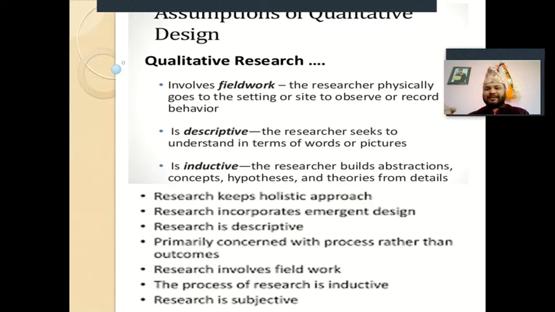Whatever information is collected, they induct some new knowledge from there, right? So these are the assumptions or prerequisites. This has to be done whenever we go for qualitative research. Field work is a must. Research gives a holistic approach. Research incorporates emergent design. Research is descriptive, with primary concern with process rather than outcomes. These are the assumptions or characteristics of qualitative research.